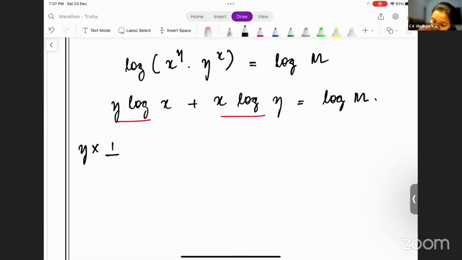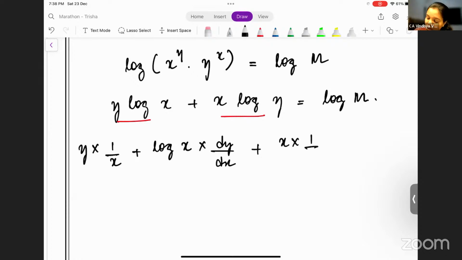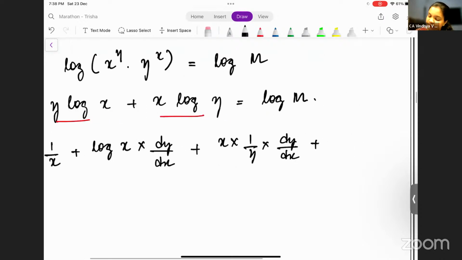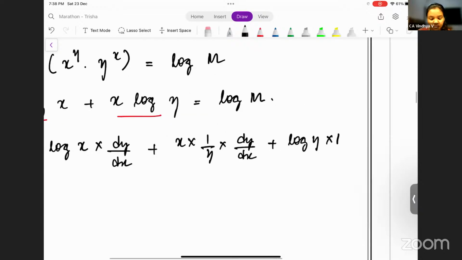So y into 1 by x plus log x into dy by dx. Next, plus x into 1 by y into dy by dx plus log y into 1 is equal to derivative of log m, which is 1 by m into m, derivative is 0.